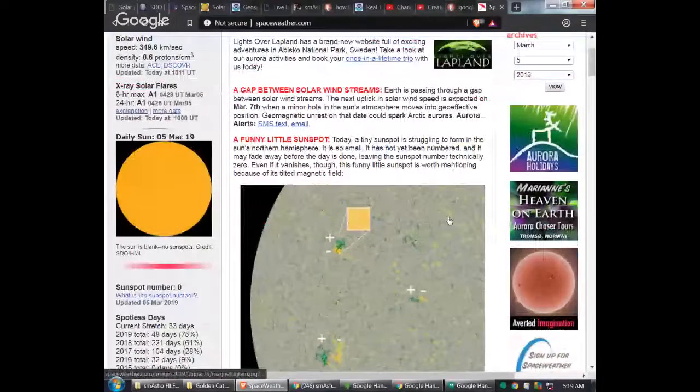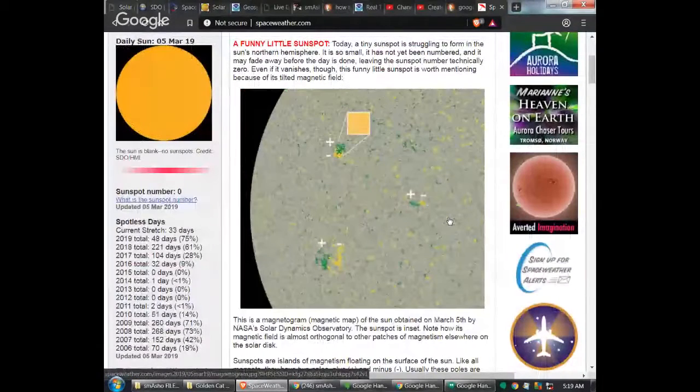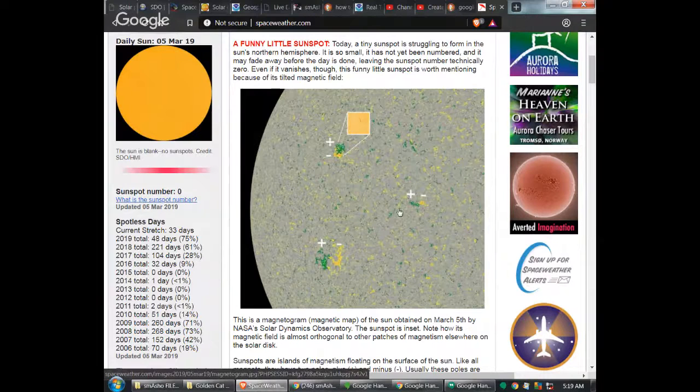There's that sunspot we're talking about. So you see here, you've got a normal polarity sunspot. Here you've got a reverse active region, plage, normal polarity plage, with the yellow charge leading and the green charge following. Here you see below the equator, which makes this reverse polarity. Normally when you see these below the equator, these would be opposite.